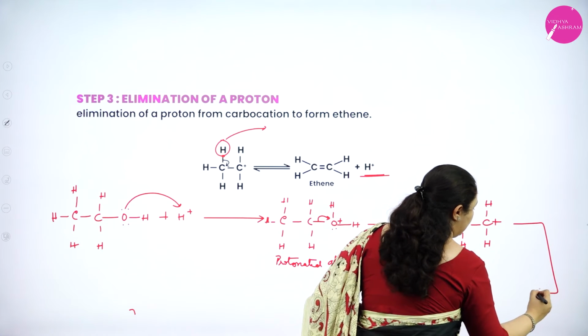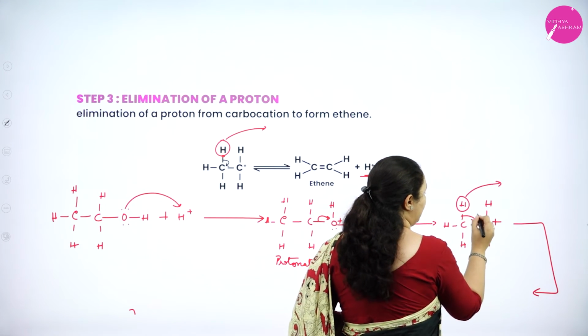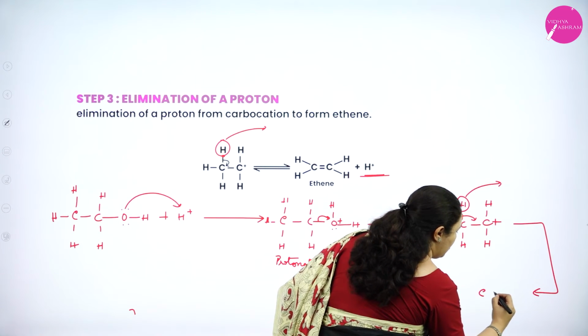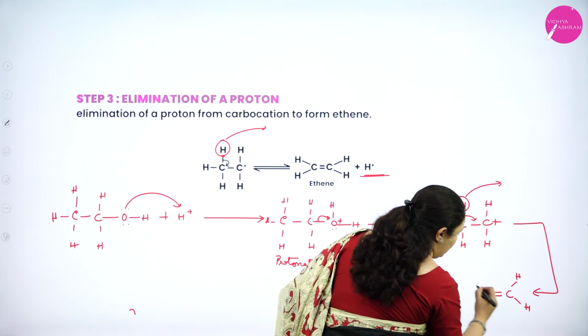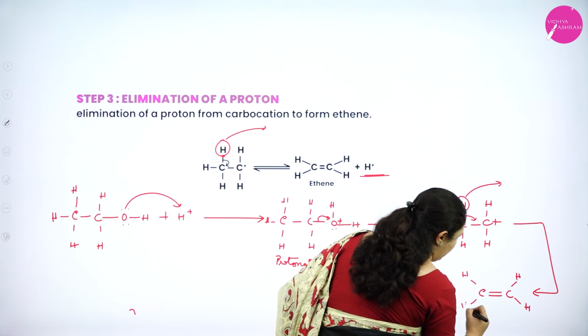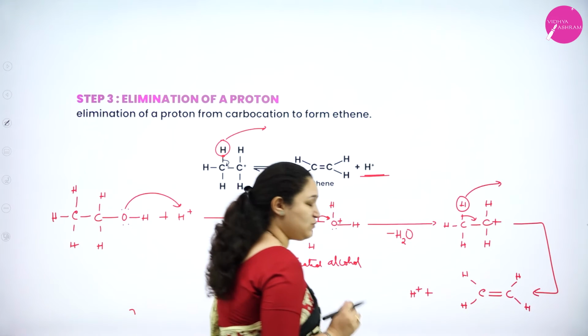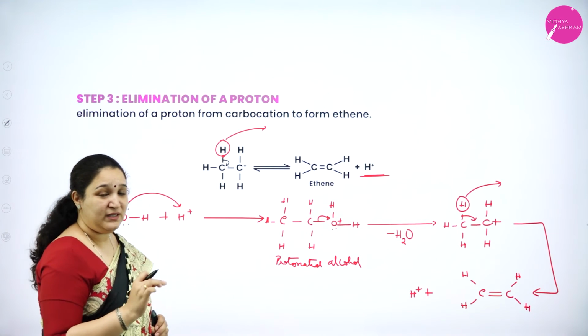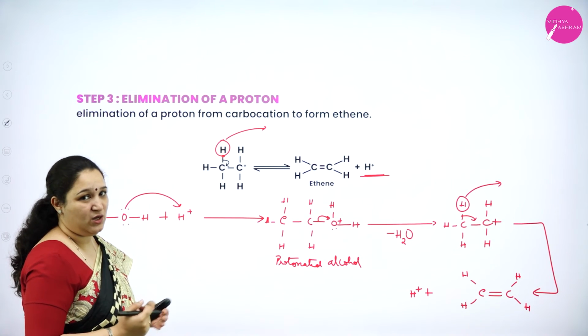After this, again one proton is removed. There is H plus ion which is removed and there will be bond formation. So you will get carbon-carbon double bond with hydrogen, hydrogen, hydrogen and hydrogen, and one proton is lost. See, it is very easy, but you have to remember it stepwise to write.